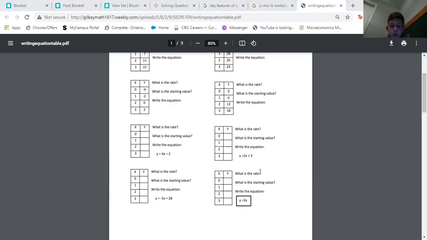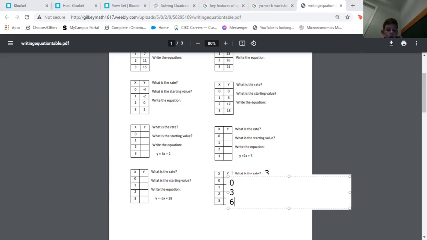Double your number each time. Let me think here. Add 3 each time. Then what would be the starting value? It's going to be 0. And then fill in the table. What would be in the table? 0, 3, 6, 9. Great. So try graphing it and then let me know. Okay.